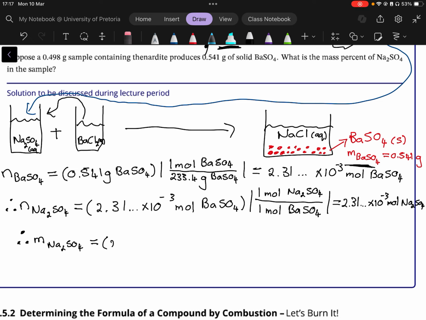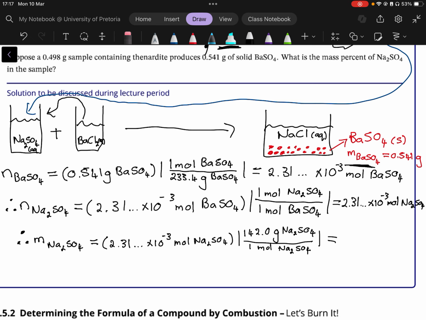So 2.31 times 10 to the negative 3 mole, and the molar mass is 142.0 grams sodium sulfate in 1 mole of sodium sulfate.